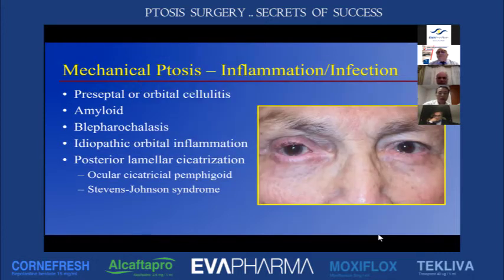Patients who have blepharochalasis or idiopathic orbital inflammation, again, can cause mechanical ptosis. And then here, this patient has posterior lamellar cicatrization. She actually has, I believe, a prior history of Stevens-Johnson syndrome. And you can see the mechanical tethering of the lid, preventing the lid from elevating, is causing a mechanical ptosis of the right upper eyelid.